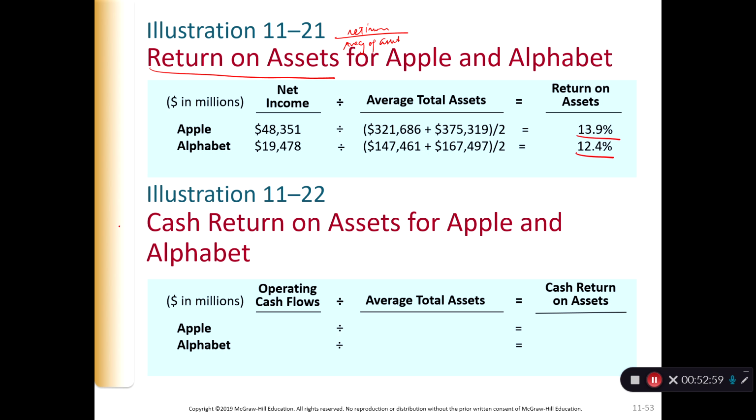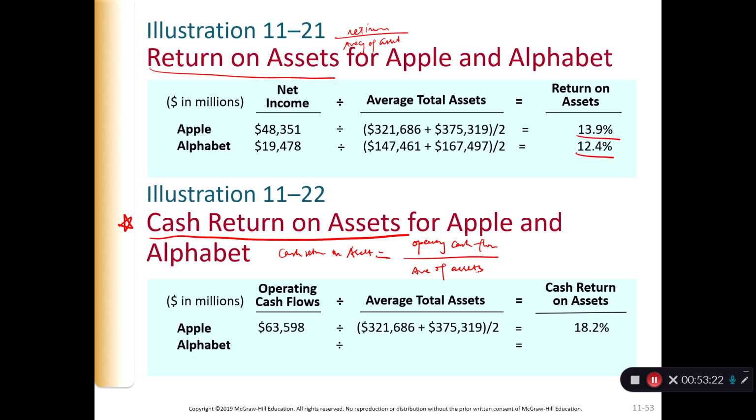Now we want to introduce a new item called cash return on assets for Apple and Alphabet. How do we do that? Cash return on assets equals operating cash flow divided by average assets.